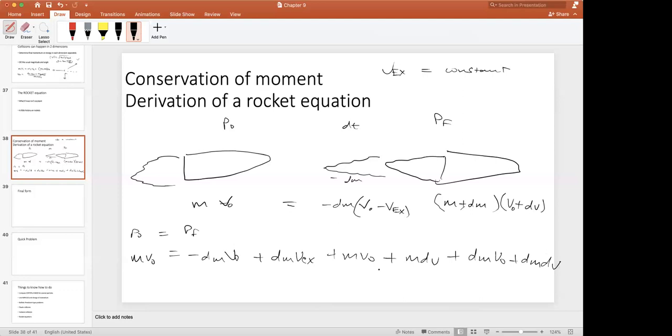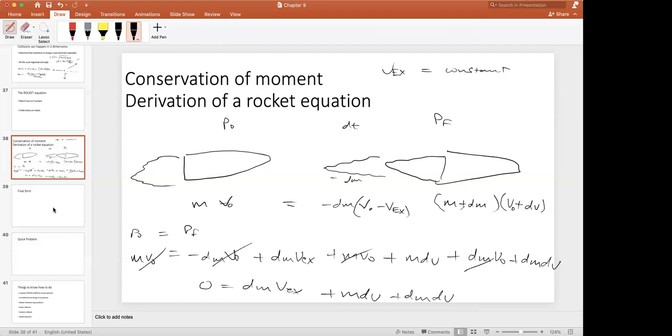So before I move this to the next page, I can cancel a couple things that you can see straight away. There's an m v naught on both sides. Minus dm v naught, minus dm v naught. And so what I get here is 0 is dm v exhaust plus m dv plus dm dv.